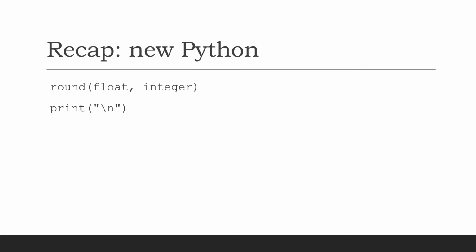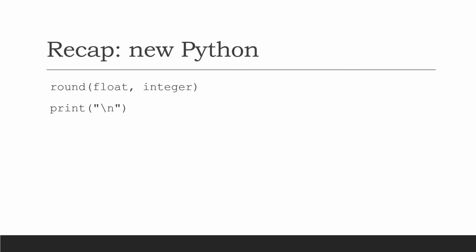Let's just recap. We learned two new Python commands today. The round function, that's a built-in Python function. It takes two parameters. The first is a number of the float data type, that is a number with a decimal place in it. And the second is an integer that tells you how many numbers you want after the decimal point.